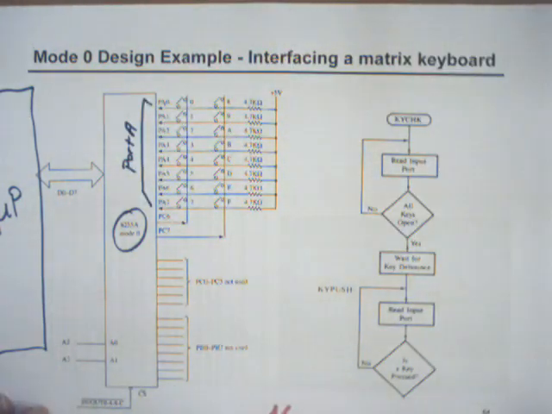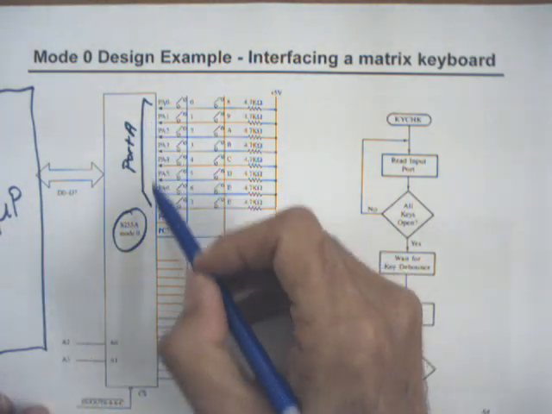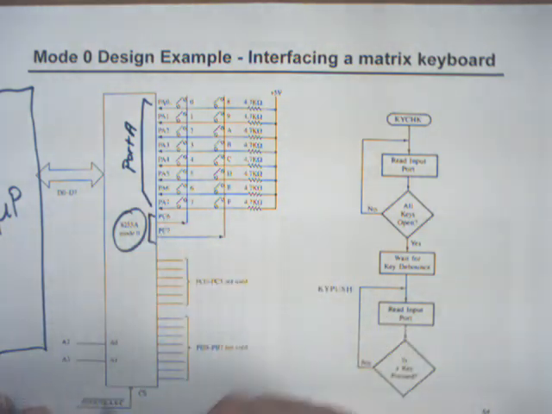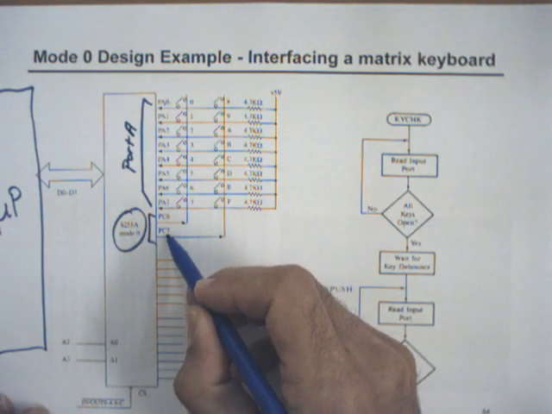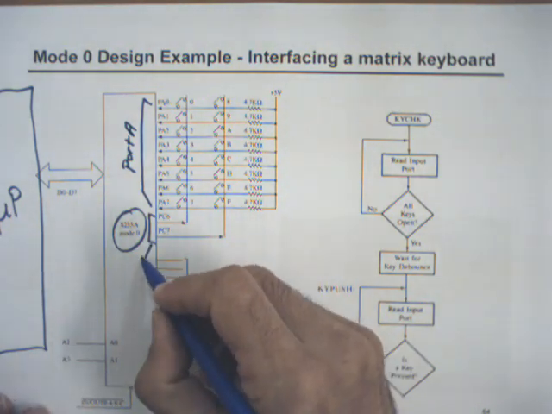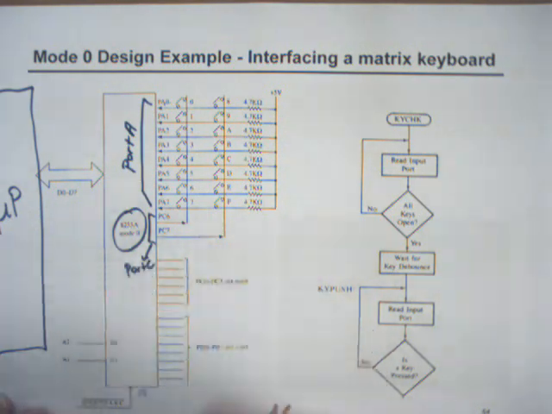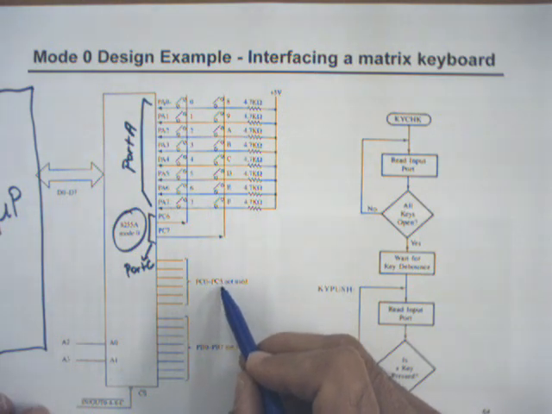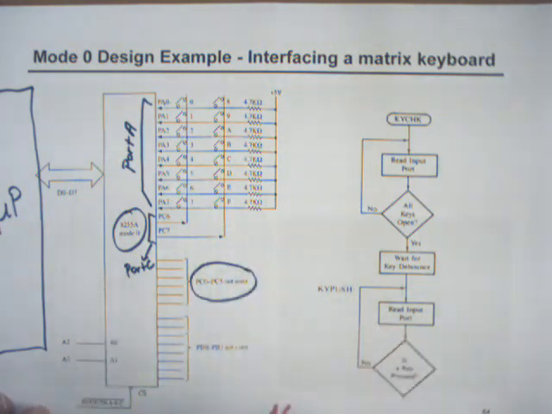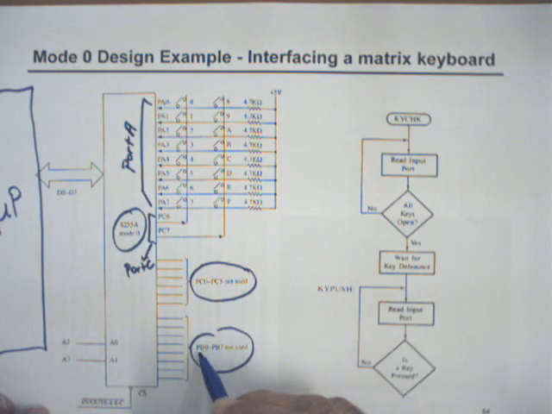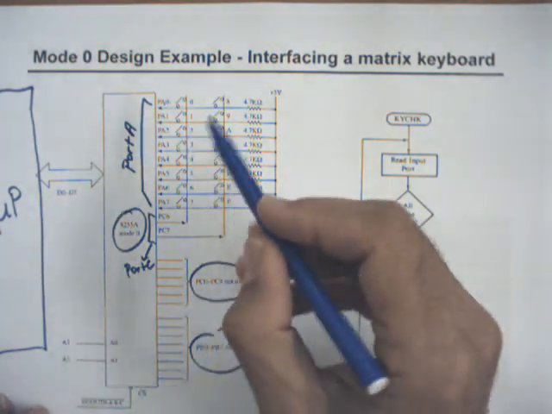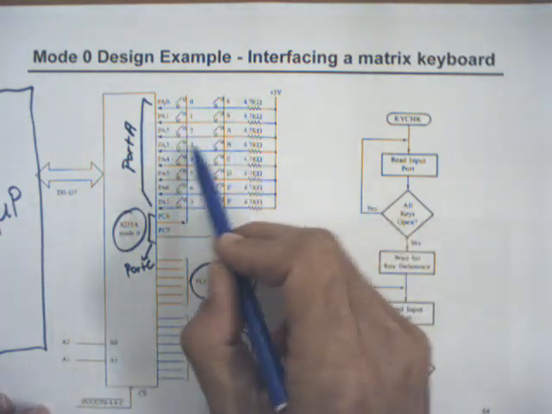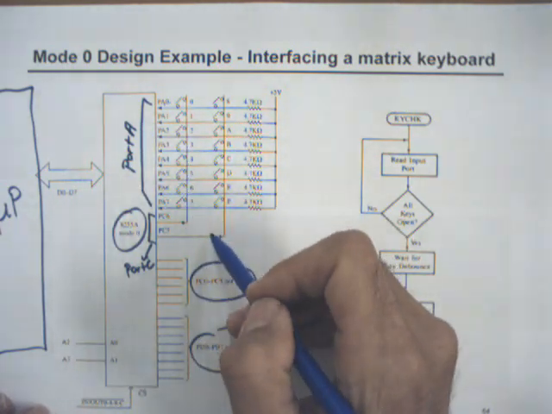Shortly, port A pins. You connect port A and you connect 2 bits of port C, port C6 and port C7. Those are port C, one of the other ports. And port C0 to port C5 pins are not used, and neither are port B pins. So port A has the row contents, port C has the column contents.